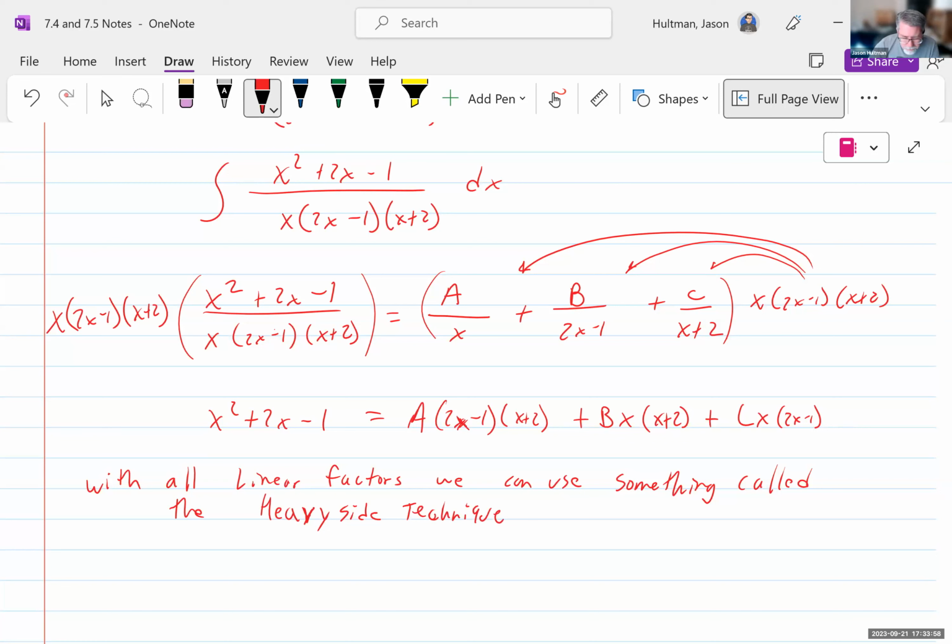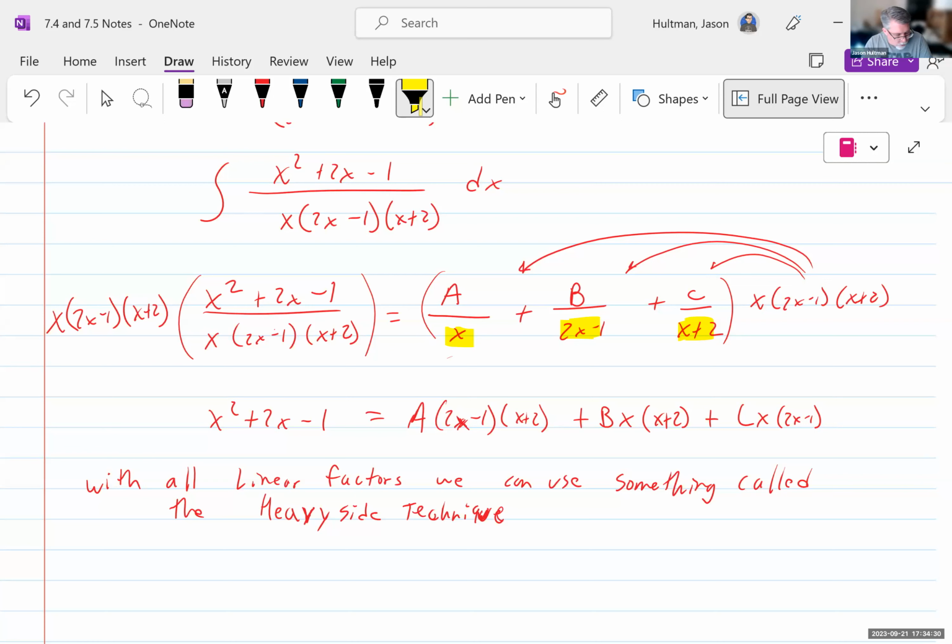Okay, named after Oliver Heaviside, who's a brilliant physicist who went totally crazy at the end of his life. But he said, well, I have this equation that involves these values. And so what happens if I let each of the denominators here go to 0? What would happen if I let each of those go to 0?